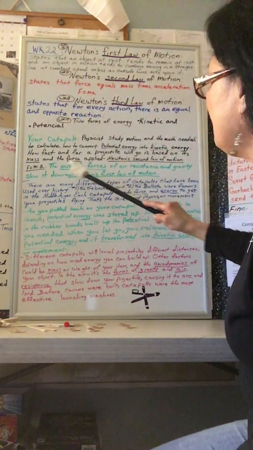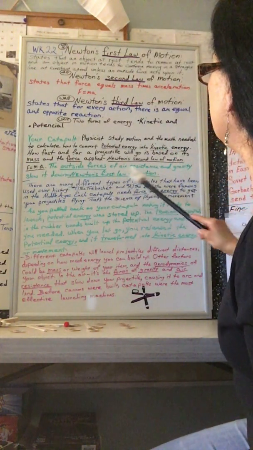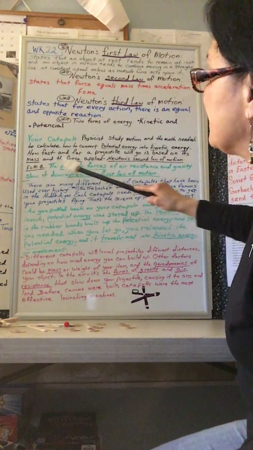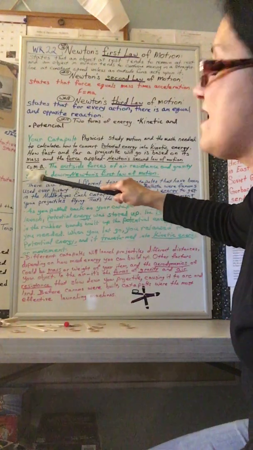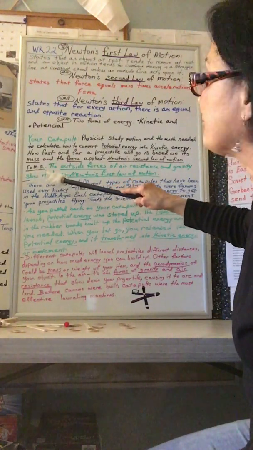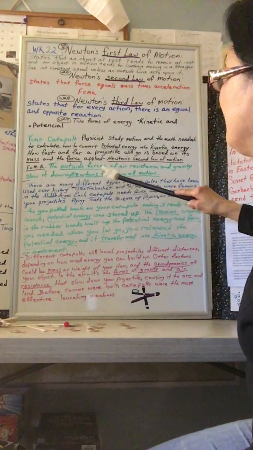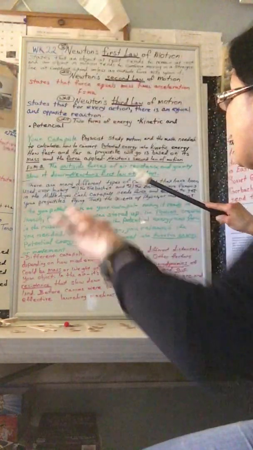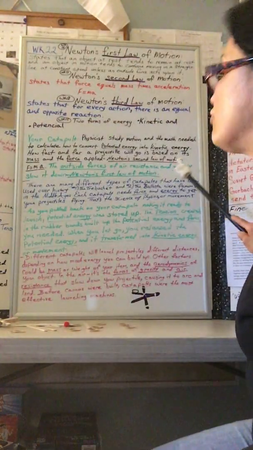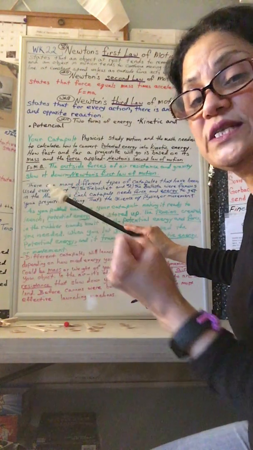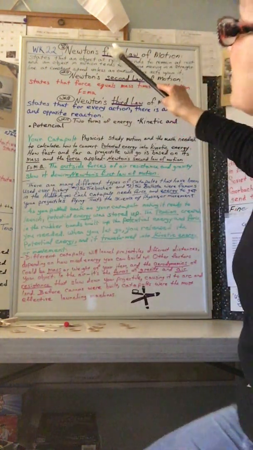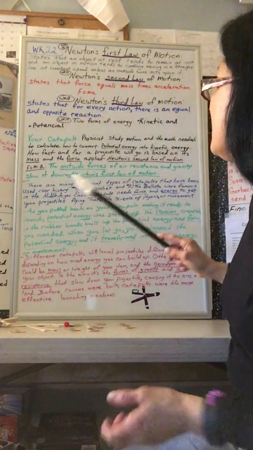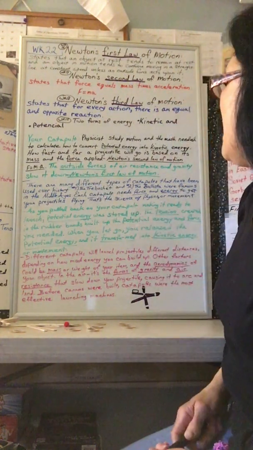It's based on mass and force applied, and that's Newton's second law of motion, F equals ma. The outside forces of air resistance and gravity slow it down. That's Newton's first law of motion, right? That's what we saw up here. So what does that mean?